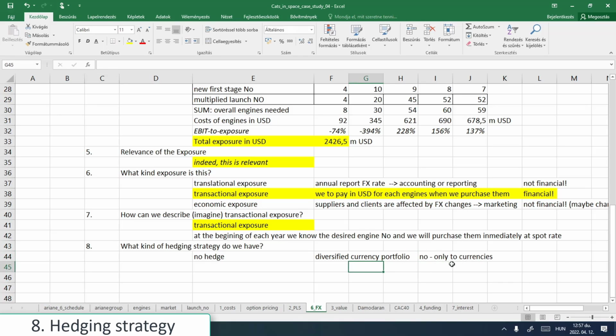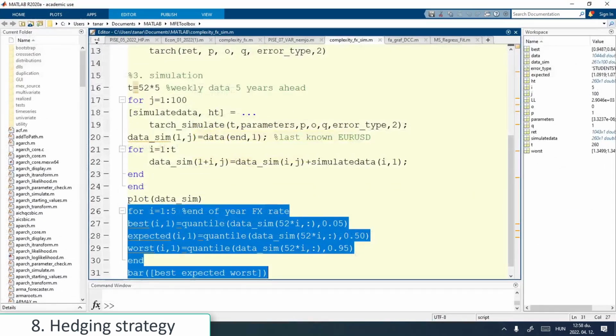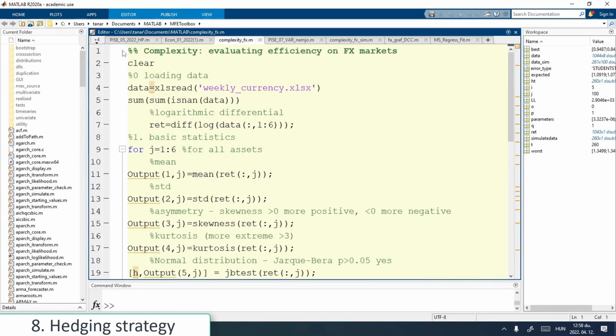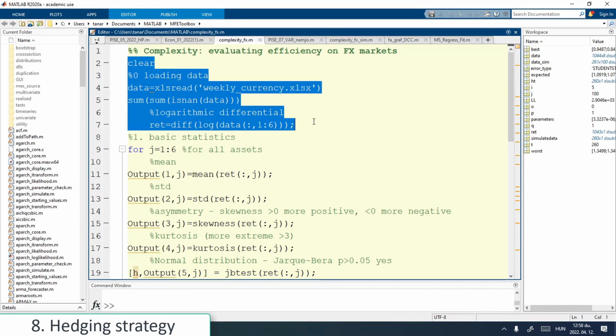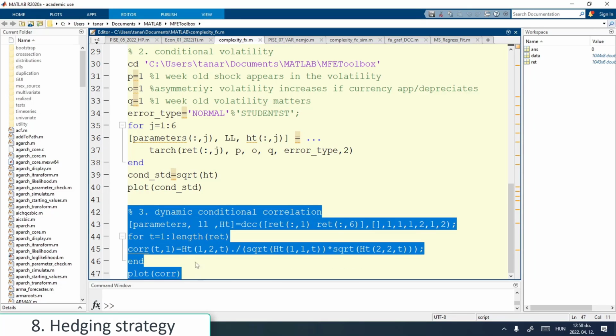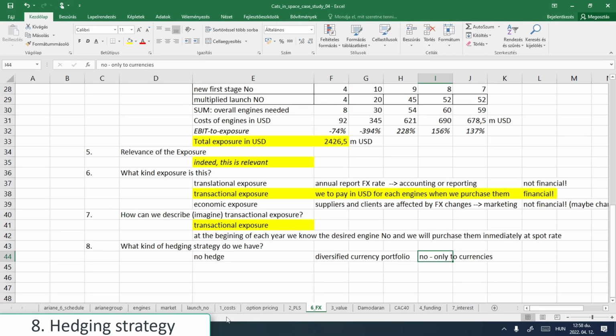Also you can remember several weeks ago, when we were analyzing these currencies, I was playing with correlations.